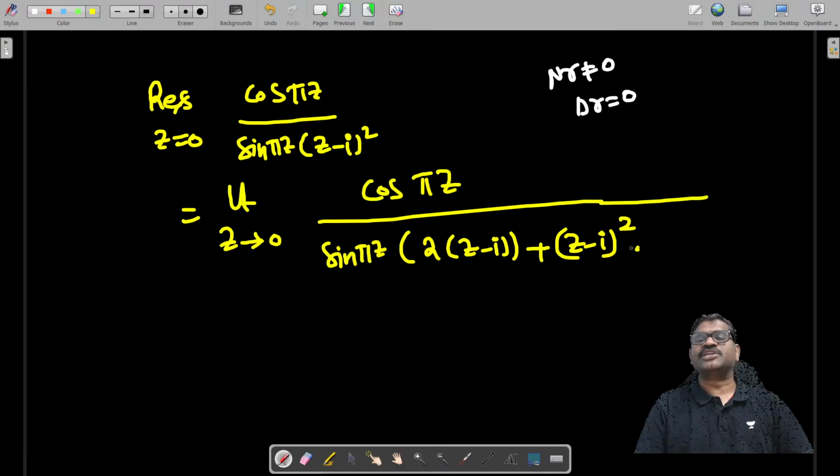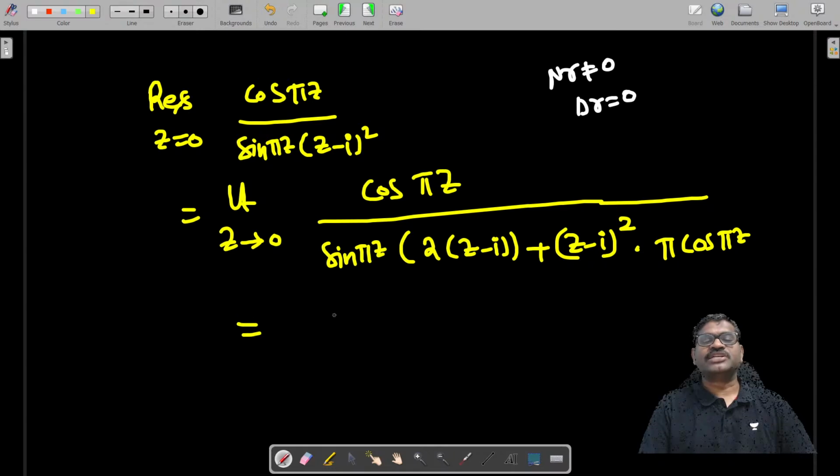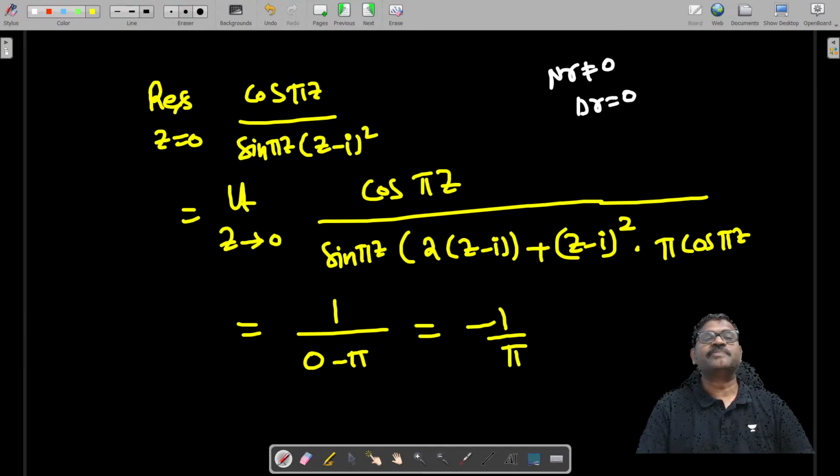Differentiation of sin pi z is pi cos pi z. When z tends to 0, numerator is 1, denominator is pi times (0 plus i square), which is minus 1, so minus pi. Finally, minus 1 by pi. Residue of f of z at z equal to 0 is minus 1 by pi.